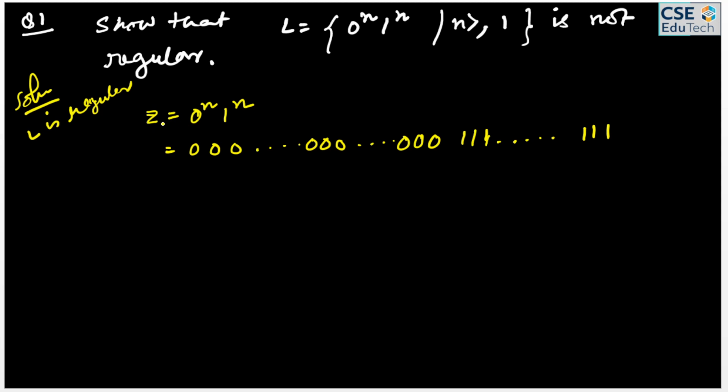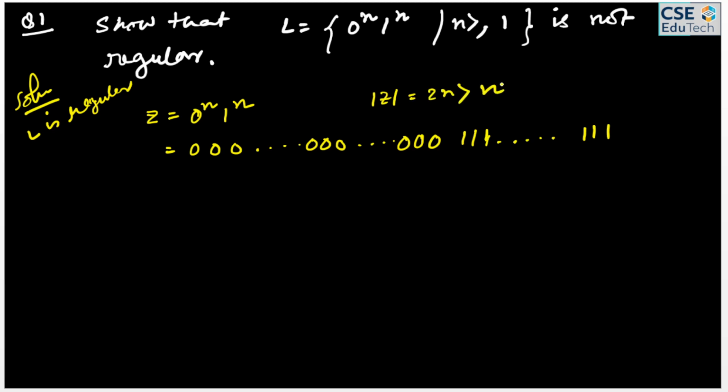Now we have chosen the string 0 to the power n, 1 to the power n, and obviously the length of this string Z will be 2n, which is greater than n.